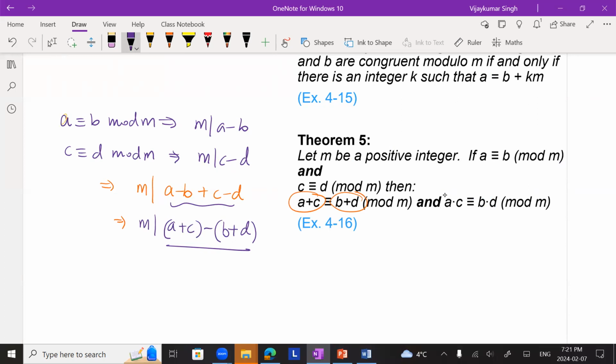So this means, if I look at this number as A and this number as B, then I'm getting A is congruent to B mod M, right? With the capitals. So the same thing, now I can rearrange it. This implies A plus C is congruent to B plus D.